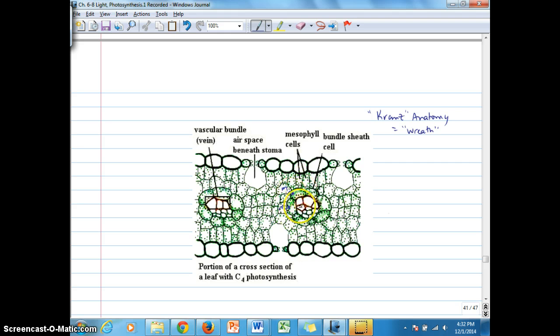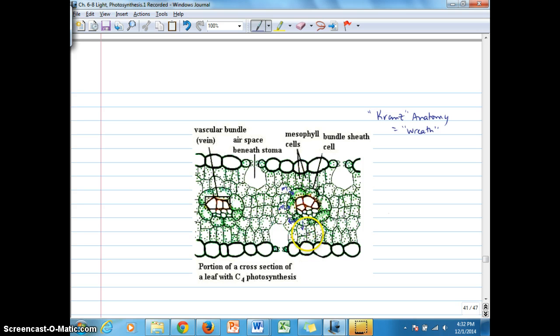So reflecting back on the anatomy here, remember we talked about the tight arrangement between bundle sheath cells and mesophyll cells. So if CO2 escapes from bundle sheath cells out into this direction, then it's just going to be recaptured, recarboxylated by PEP carboxylase to phosphoenol pyruvate again.